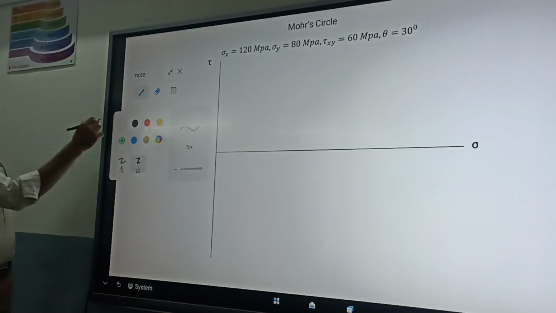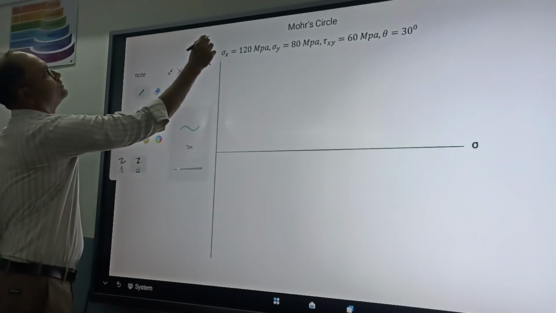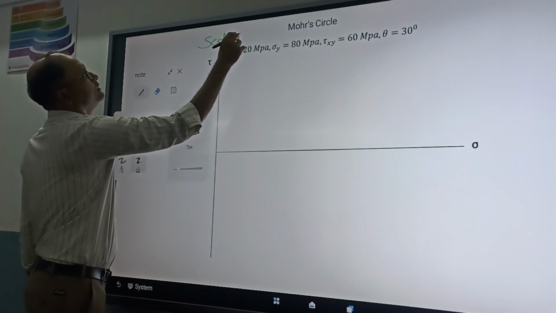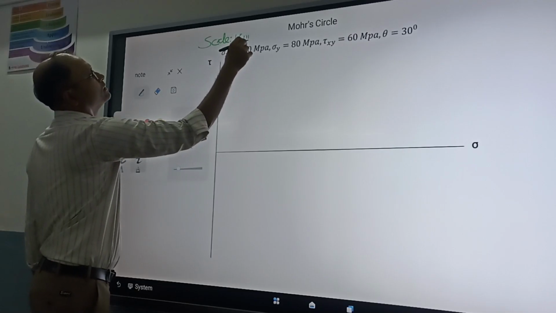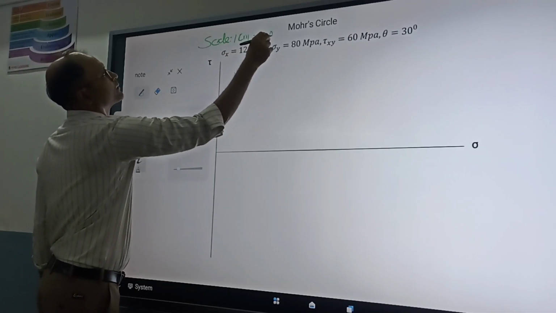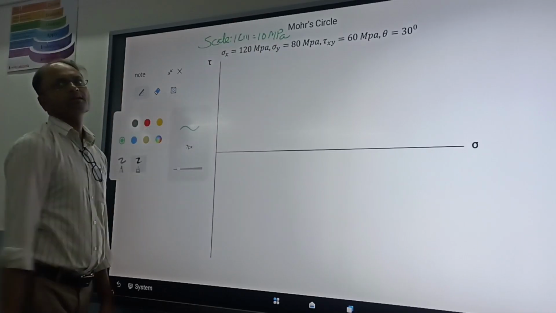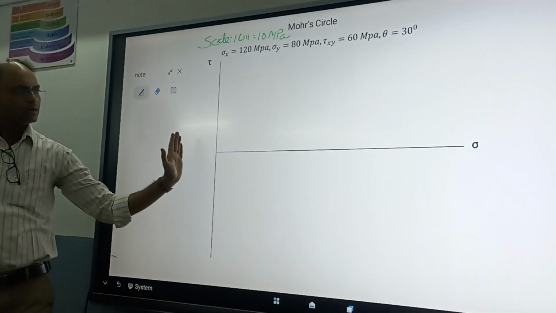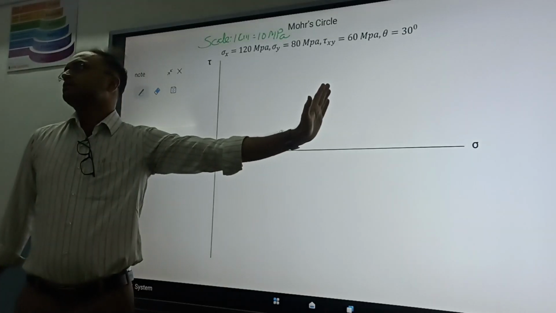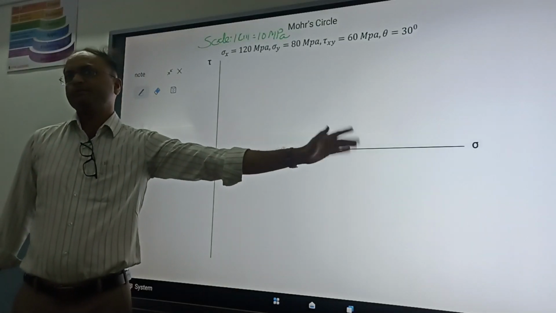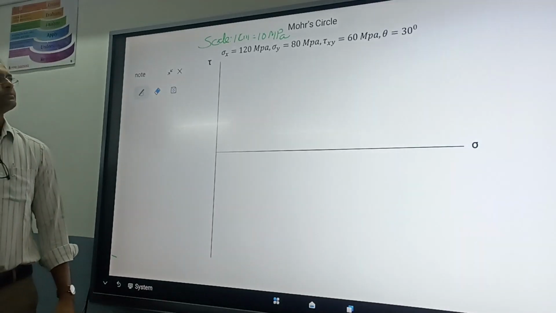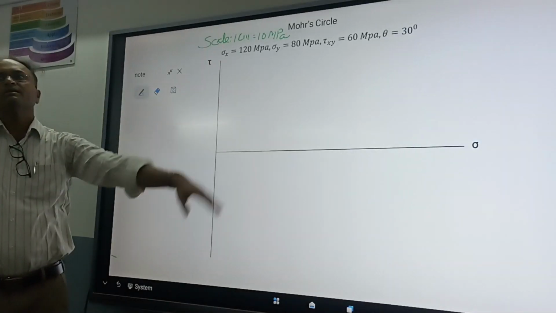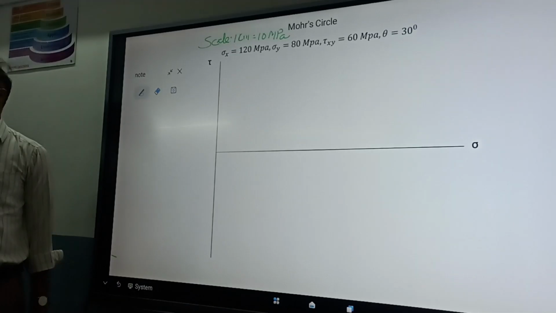I can decide scale 1 centimeter is equal to 10 megapascal. That means on x, while plotting this 120 MPa, we have to measure a distance of 120 mm or 12 centimeter. This is the scale decided. 1 centimeter is equal to 10 MPa.